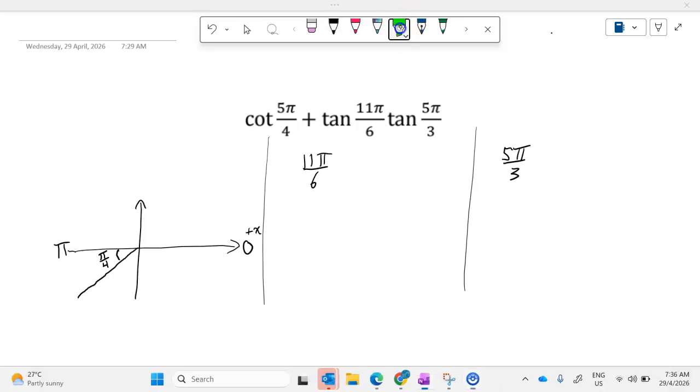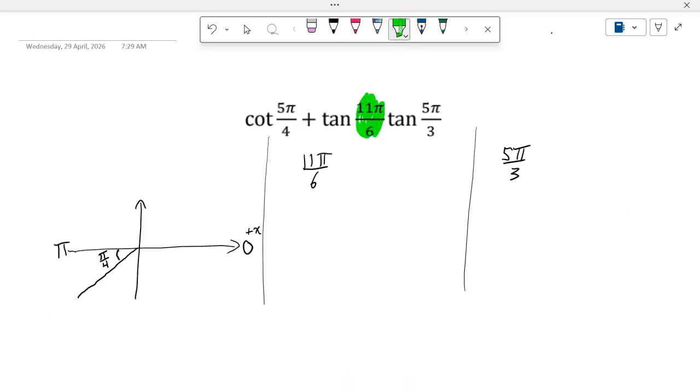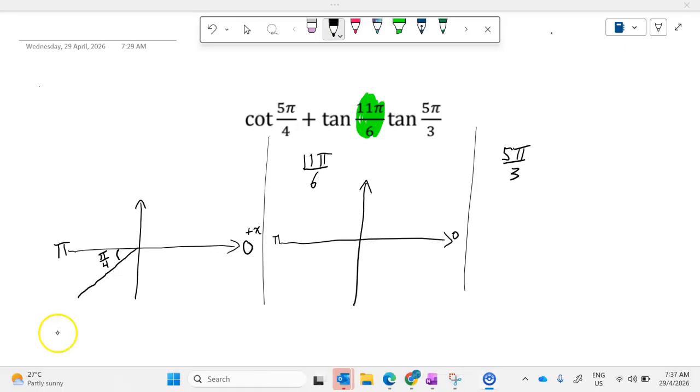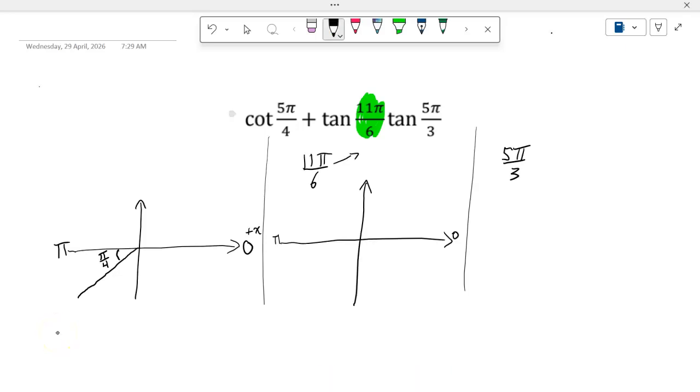We'll do the same thought process with the other angles. So 11 pi over 6, where would that be? 11 sixths is 1 and 1/6. So 1 pi, and then if I divide the other pi that's left into 6 equal parts, 1, 2, 3, 4, 5, 6 equal parts, I'm at 5/6.